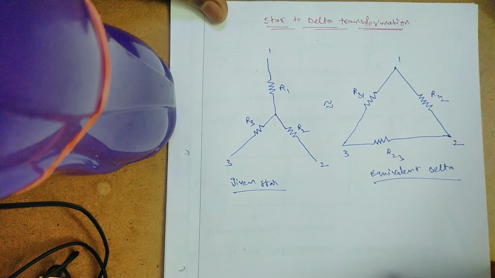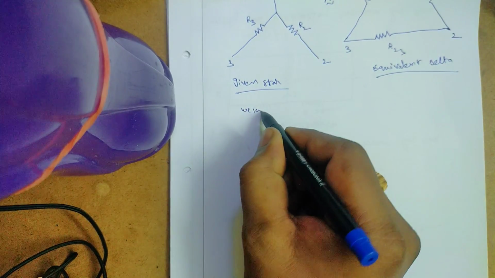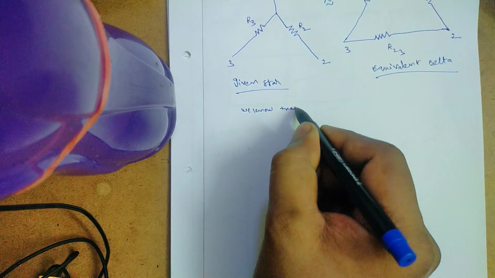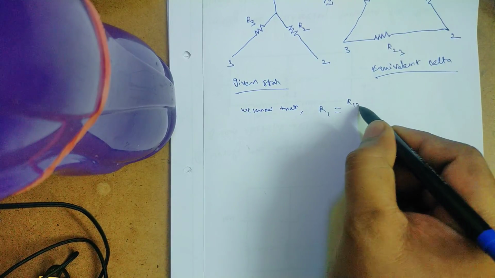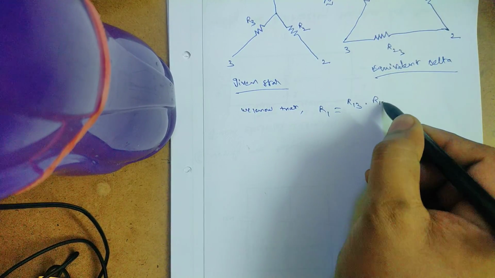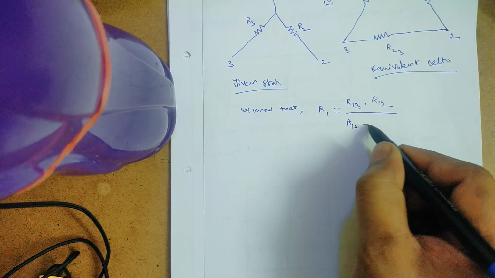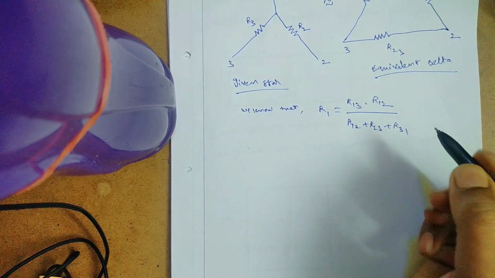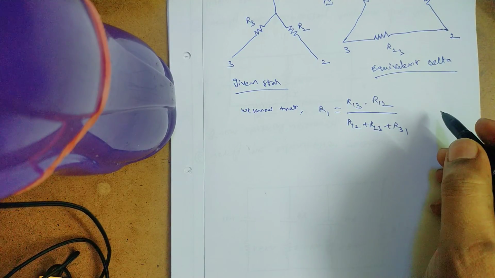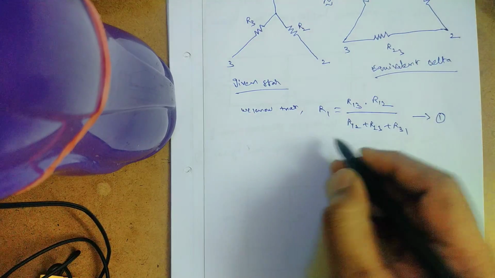We know that R1 is equal to R31 into R12 by R12 plus R23 plus R31. Let this be expression 1.